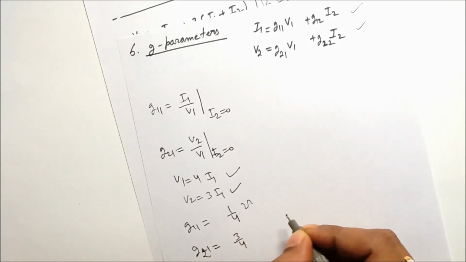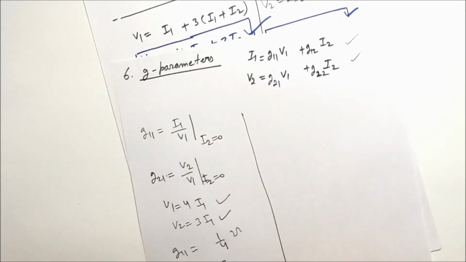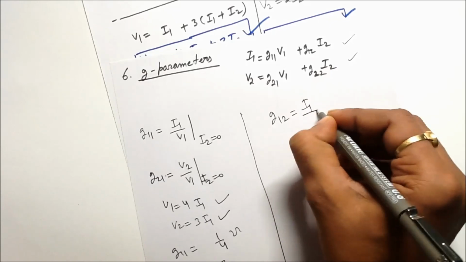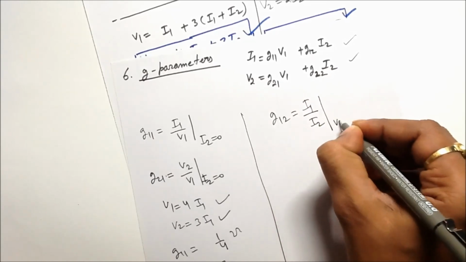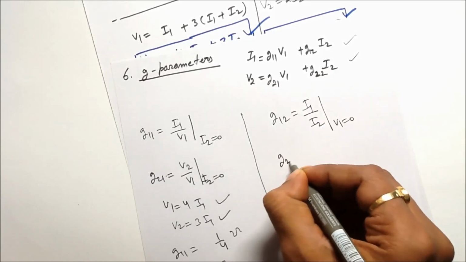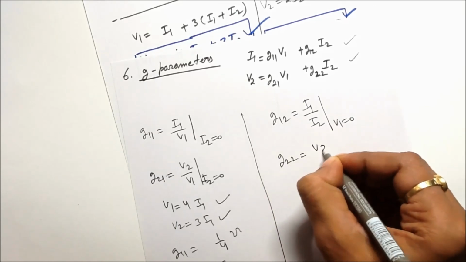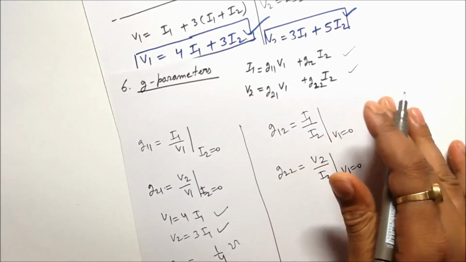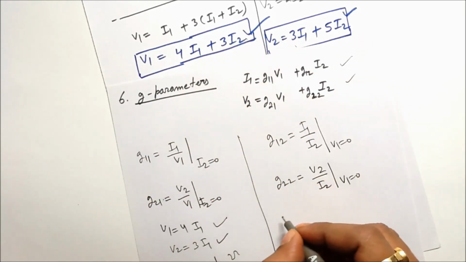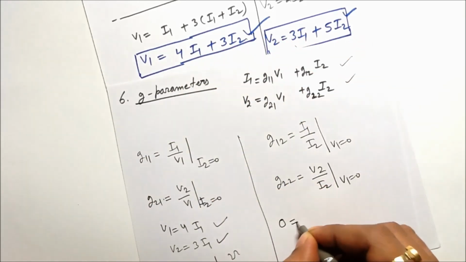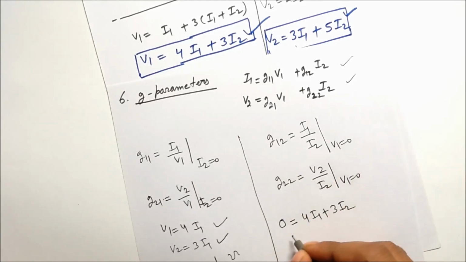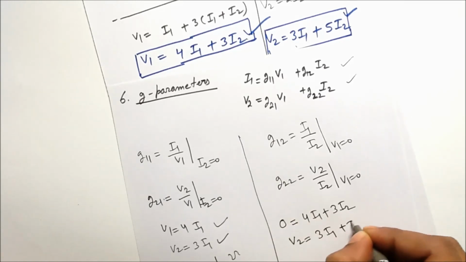Now let us define G12. G12 will be I1 upon I2 when V1 equals 0, and G22 will be V2 upon I2 when V1 equals 0. Put V1 equals 0 in these two equations. So 0 equals 4I1 plus 3I2, and the second equation will remain as it is.